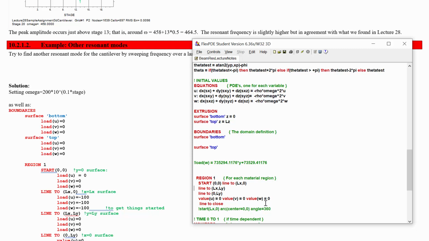When we're already at LX0 and then we're going to change Y to LY, this would be the far surface where we're equal to LX at the start, equal to LX at the end. So this is the LX surface. So we can say load U is equal to 5 and then put it back after that.